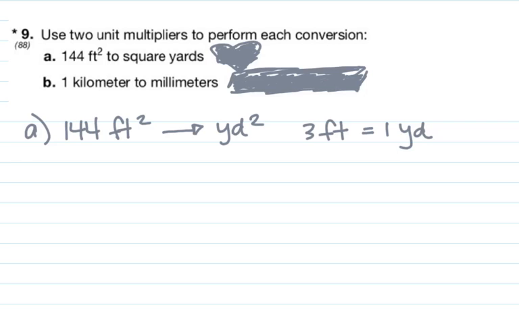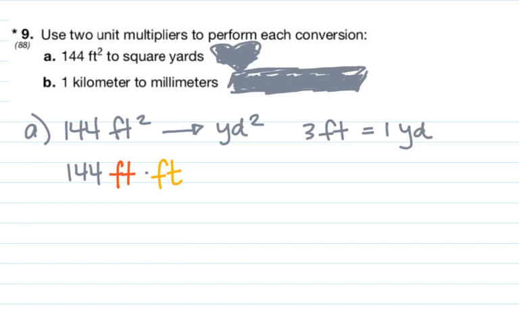So we have 144, and because I have 2 feet, I'm going to have feet times feet. I'll actually do a different color here so we can follow along. And then we need our unit multiplier.